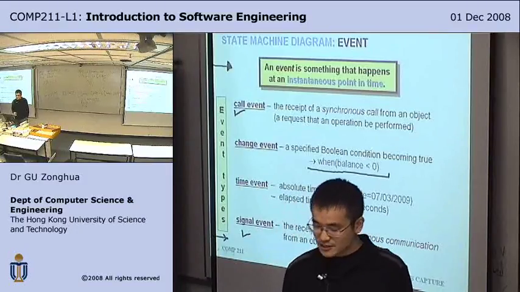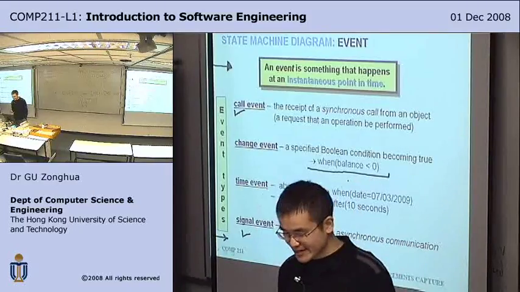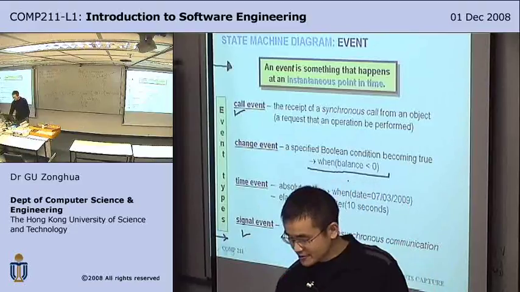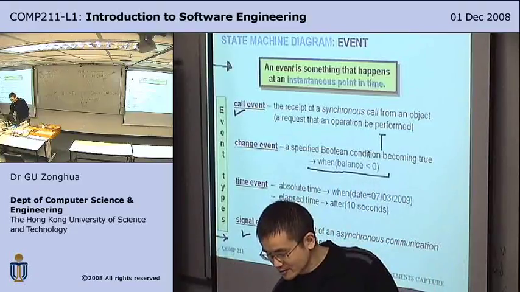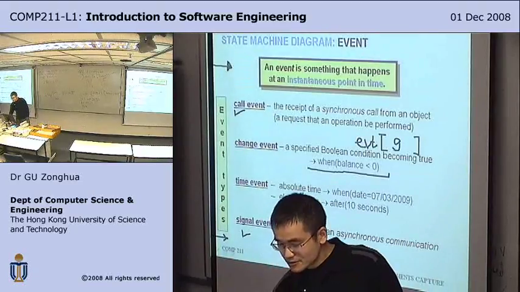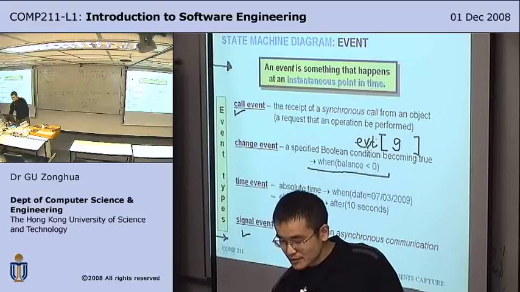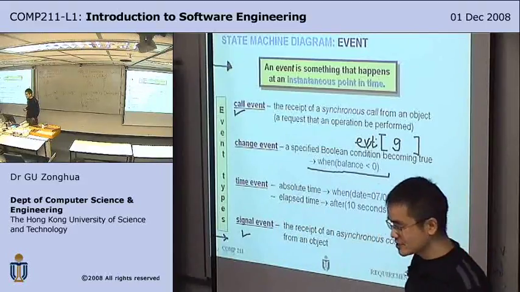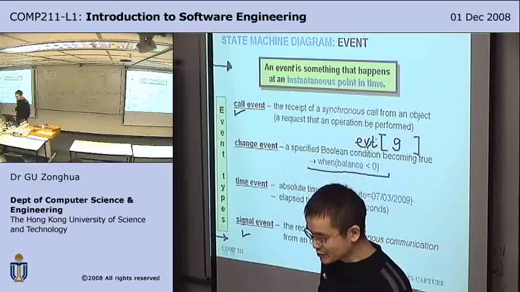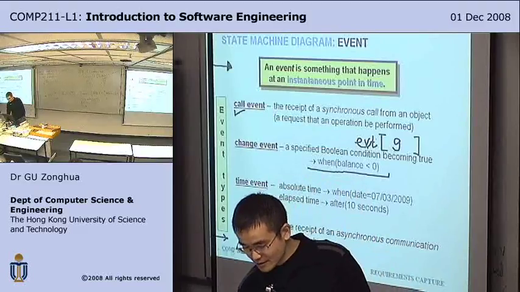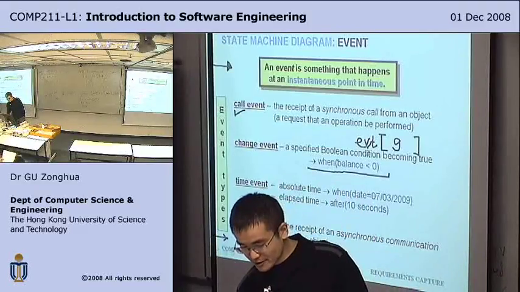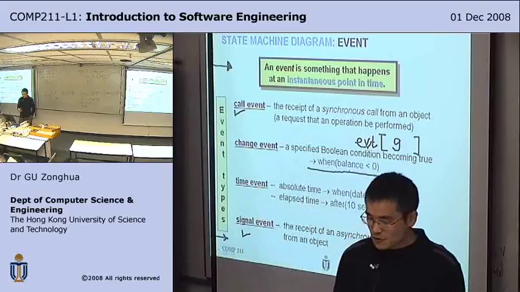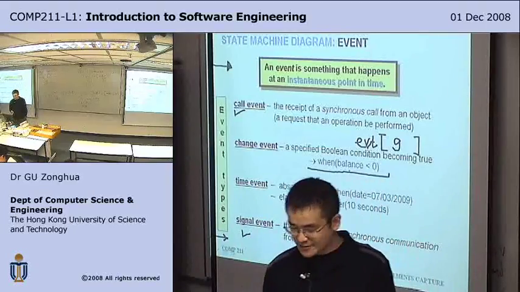So notice the difference between the change event and the guard. A guard is specified with square brackets after an event. It means that when the event happens, if the guard is true, then you take the transition. Otherwise, you ignore the event. You don't take the transition. But here you have the round bracket for the change event. It means that it's an active thing.